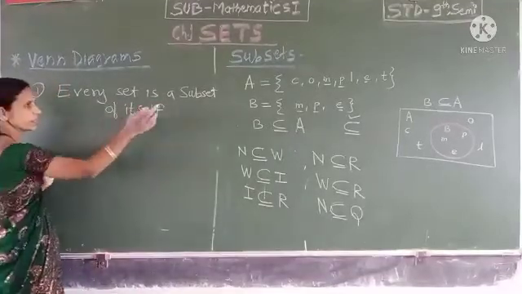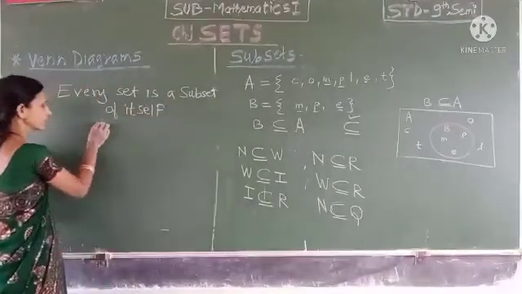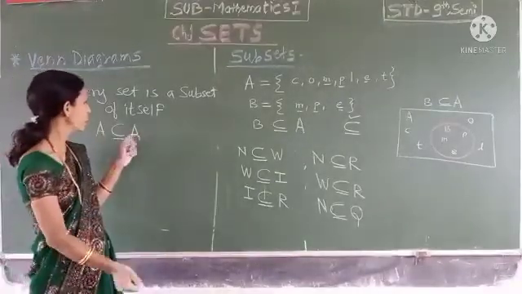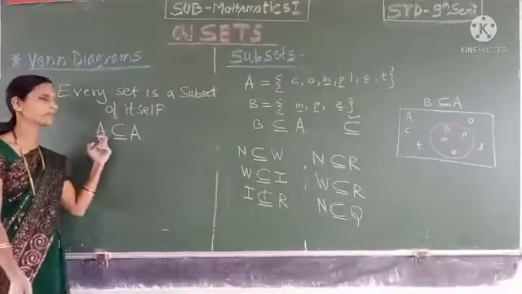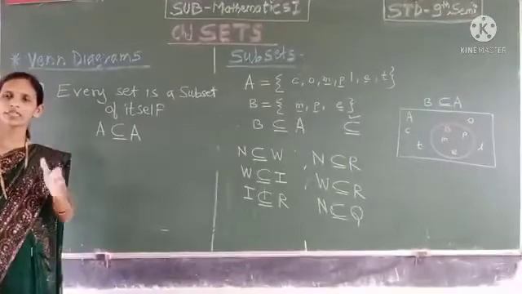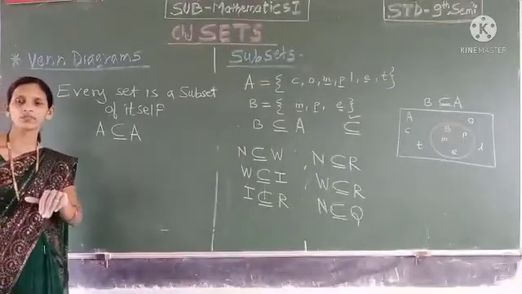That means A is a subset of A because all members of A are present in that set A. Therefore, every set is a subset of itself.